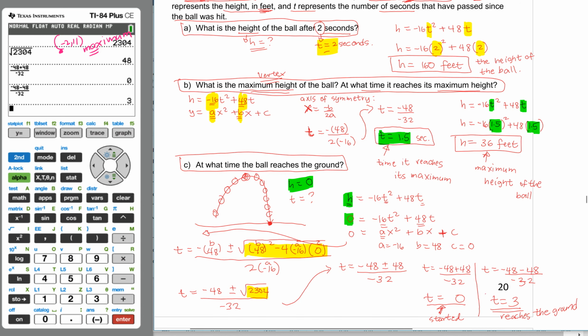So this is our final answer: it reaches the ground at 3 seconds. Okay, it's a lot of work, but it should be doable.